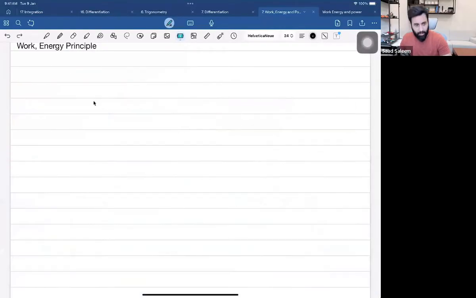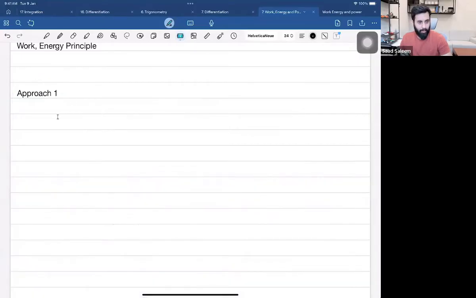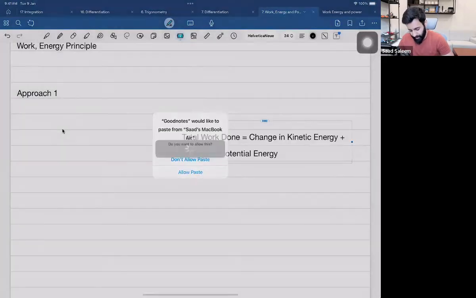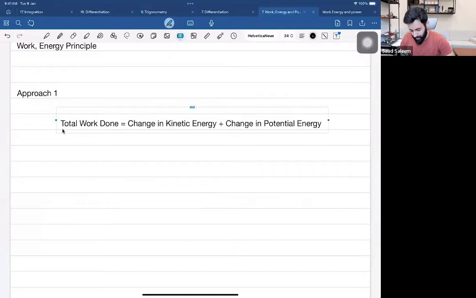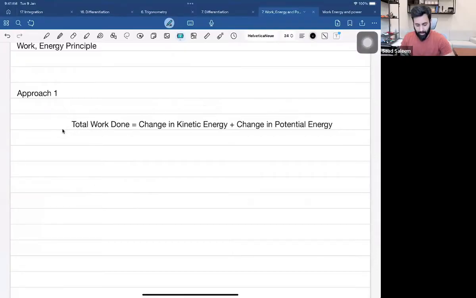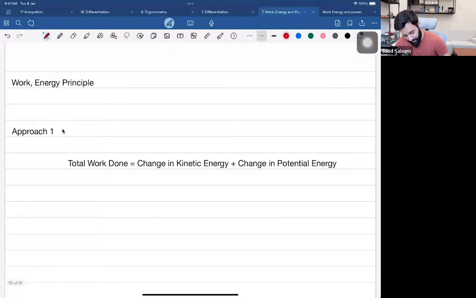Just a minute, let me write this nicely. So here's approach number 1. Total work done is equal to change in kinetic energy plus change in potential energy. Since we're talking about change, remember, it can be positive or negative. How do we calculate change in kinetic energy?